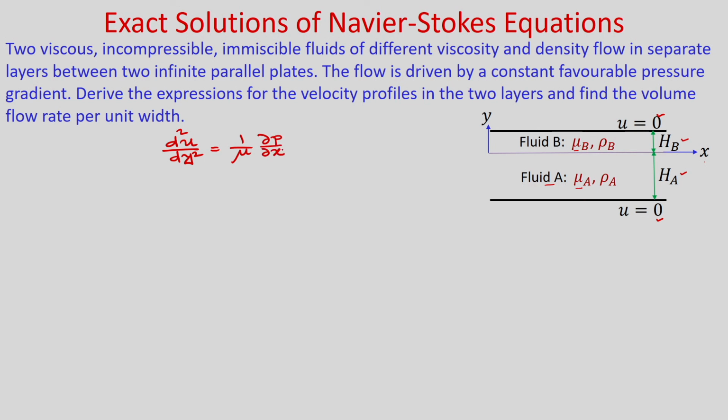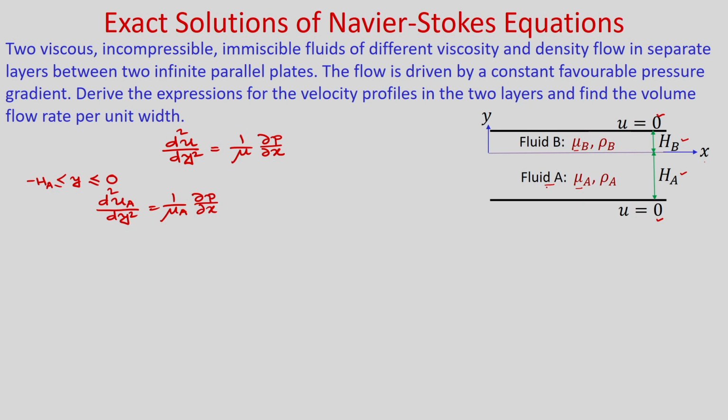So, for this fluid A layer, the velocity distribution is for y in between minus h A to 0. So, you can write d2 u A by dy square is equal to 1 by mu A del p by del x.